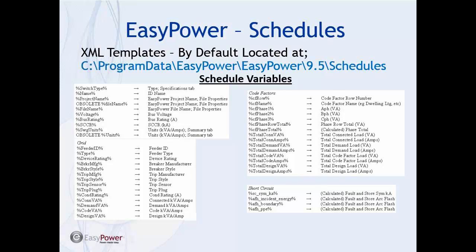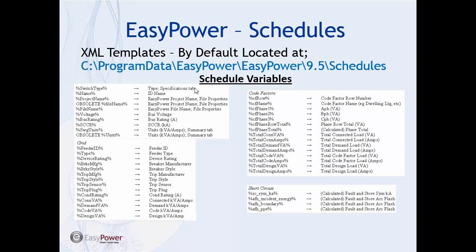Otherwise, it will provide some extra materials per se. So these schedules are generally by default located at this location at the top of the screen. You have the program data, EasyPower 9.5, and then in your schedules folder there, you're going to find all of your schedules that have been defined.